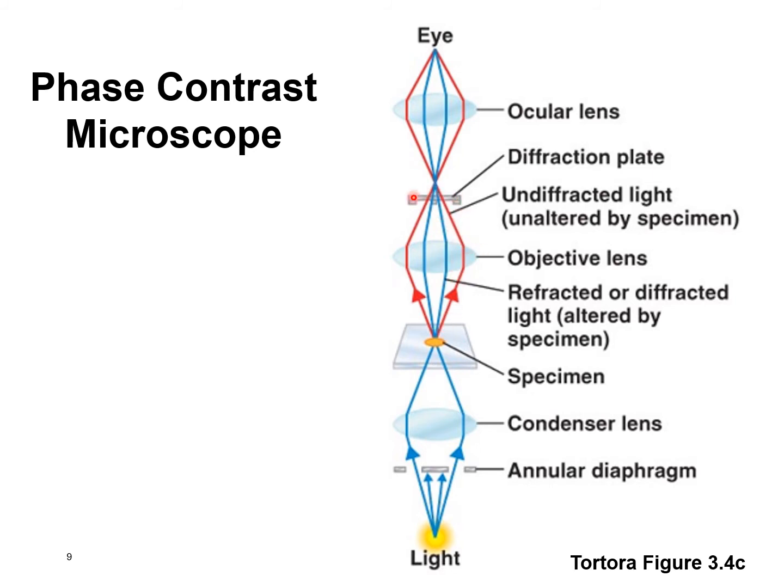And there's another plate up here that the light waves will go through. This is the diffraction plate or phase ring, and that will also help get the light waves out of phase even more, and so that will create the contrast to really make things stand out without having to stain the cells.